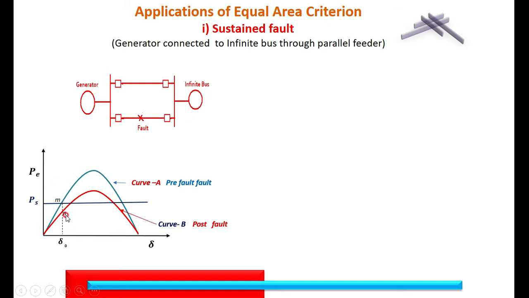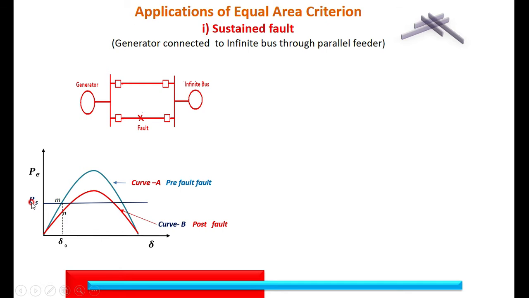Here PS is the mechanical input to the generator, which is a constant. Now at point N, the electrical output is less than the mechanical input PS.